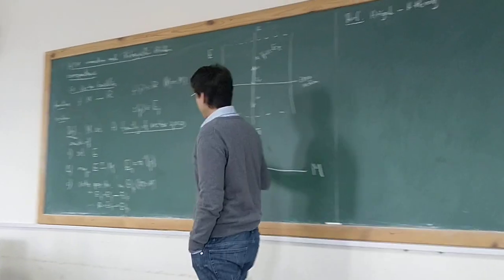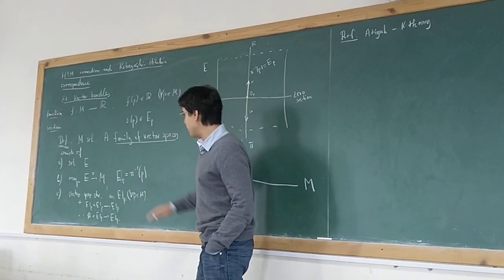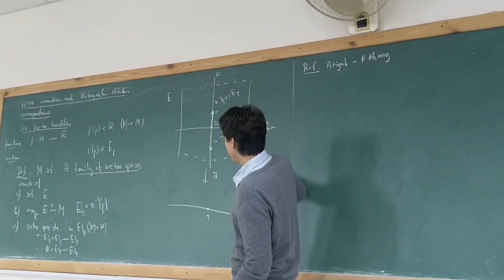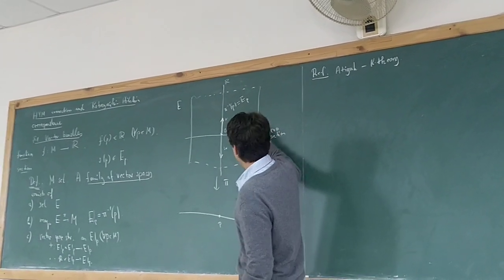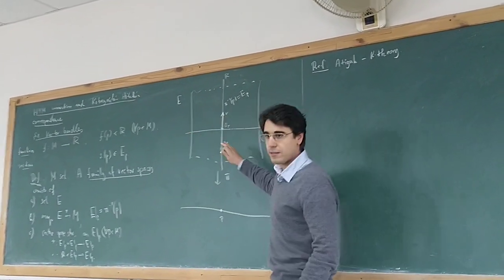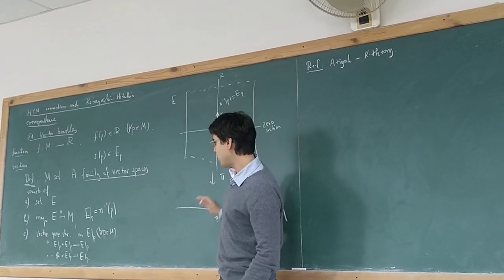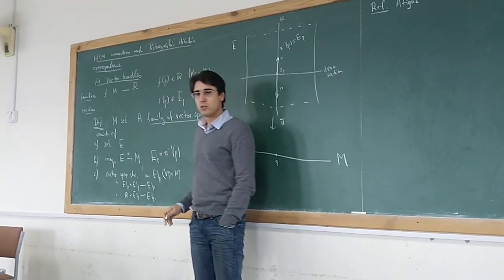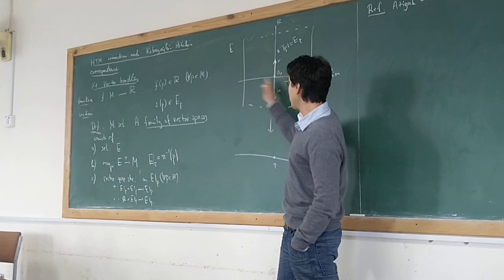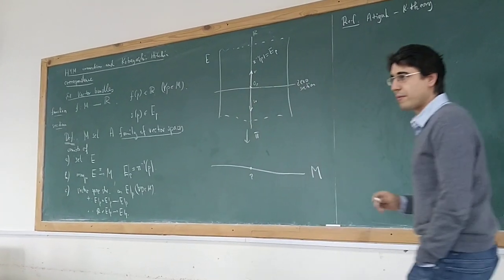But this definition still allows that the dimensions of these vector spaces can jump as you move around. There's no requirement about the dimension of the vector space or that they deform in a continuous way to each other.